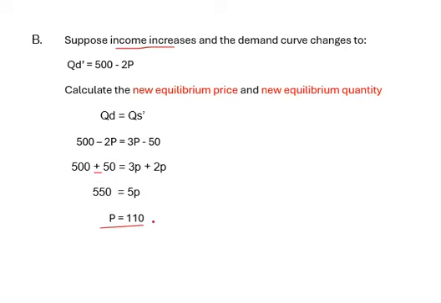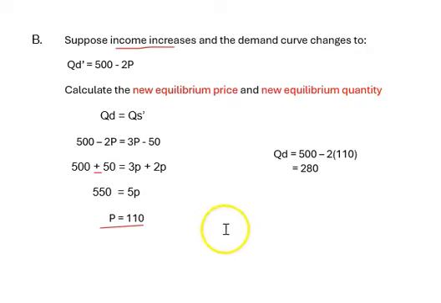And to get our quantity, we substitute price into either QD or QS. Substituting it into QD, we get QD equals 500 minus 2 times 110. We get a quantity of 280.